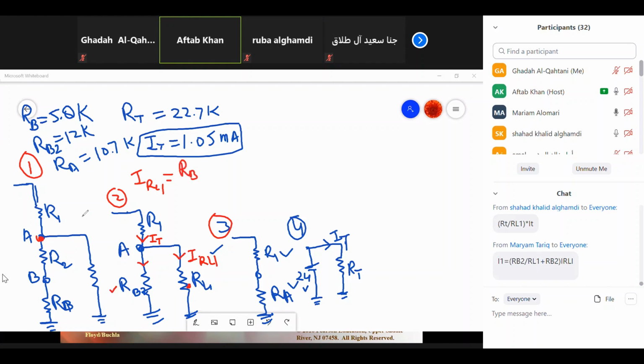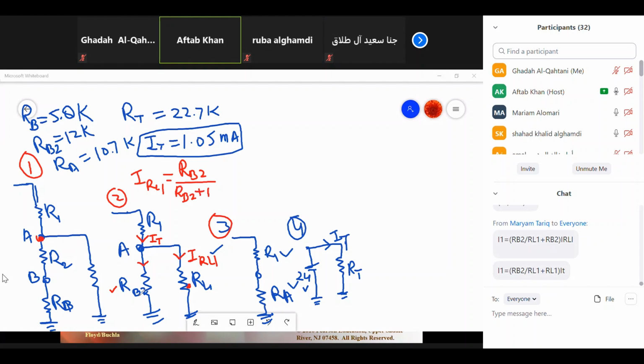So RB2 over RB2 plus RL1. This is the way. Multiply by the total current, which I want. I know that it is going to be split into two parts. Now you have to calculate this way. Calculate and tell me.